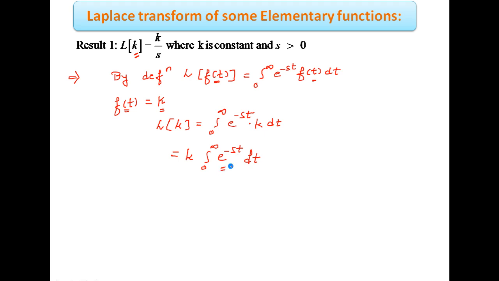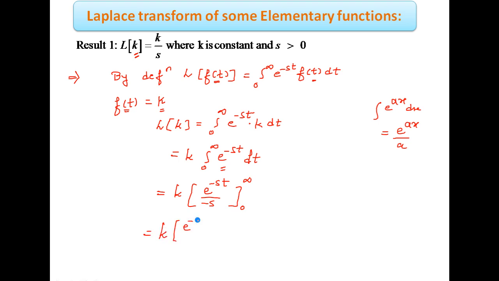Now using the standard result of integration, e to the power ax dx, what is it? E to the power ax upon a. So according to this result, it is k into e to the power minus st upon minus s, with limit from 0 to infinity.